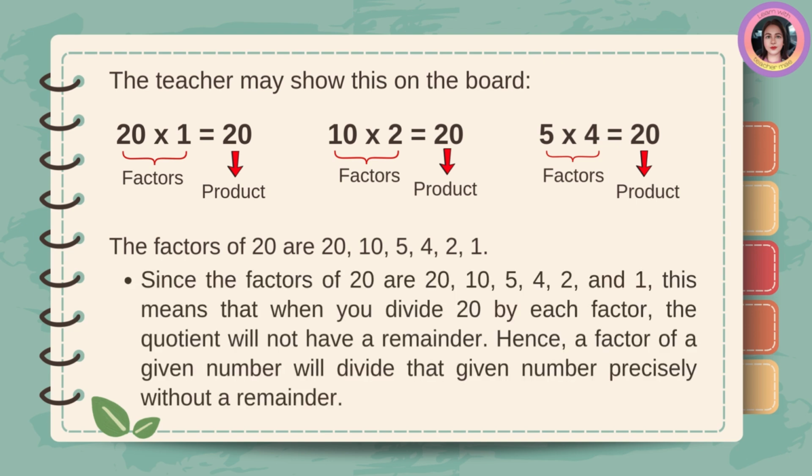Since the factors of 20 are 20, 10, 5, 4, 2, and 1, this means that when you divide 20 by each factor, the quotient will not have a remainder. Hence, a factor of a given number will divide that given number precisely without a remainder.